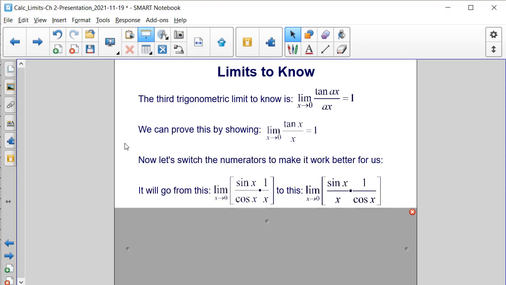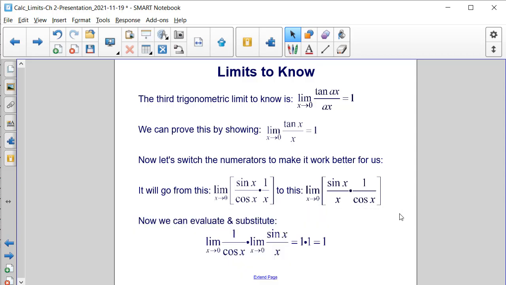Now we can switch the numerators to make evaluating this limit work better for us. It'll go from the limit of the quantity sine of x divided by cosine of x times 1 over x as x approaches 0 to the limit of the quantity sine of x divided by x times 1 over cosine of x. So then we can evaluate and use substitution using limits that we know.